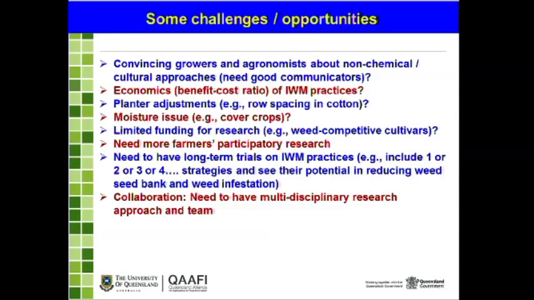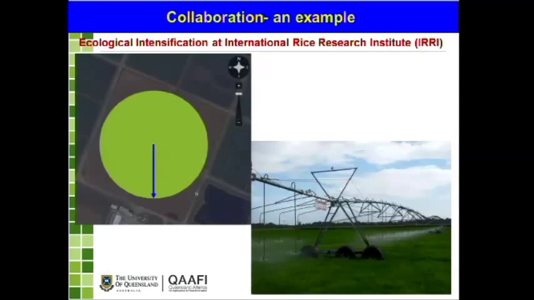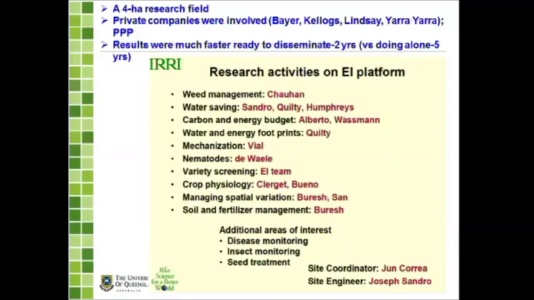Just the last slide, giving my experience at Erie, we started some work. As a weed scientist, I was alone, did some work and had to work for like 5 years to get one kind of result. And that was not that efficient. Later on, we brought a strategy where we had a team.